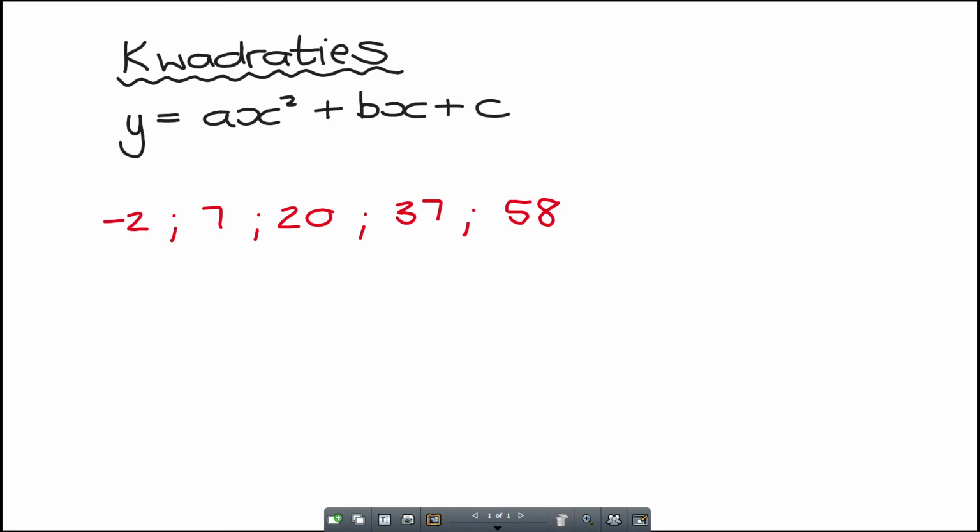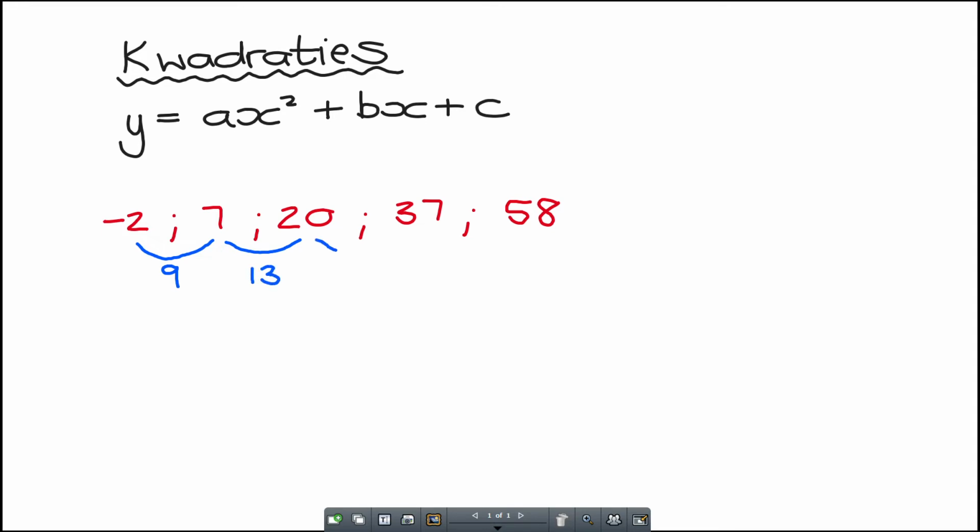Okay. Goed. Nou, wat ek gewoonlik doen om my eerste verskil te gaan kry. We do this. How do I get from -2 to 7? Plus 9. Okay. To get from 7 to 20? 13.